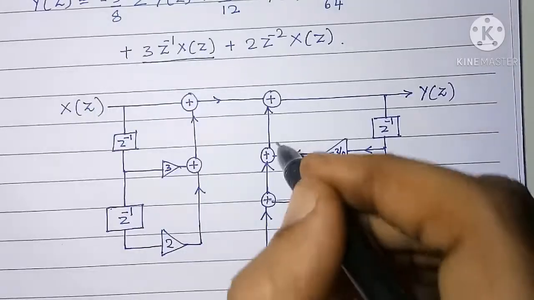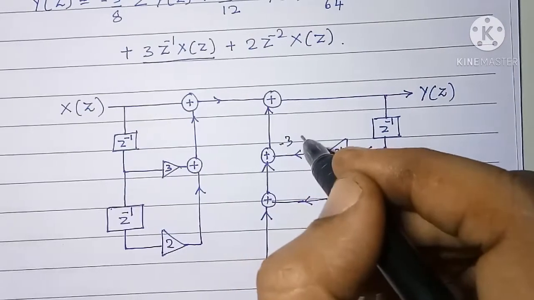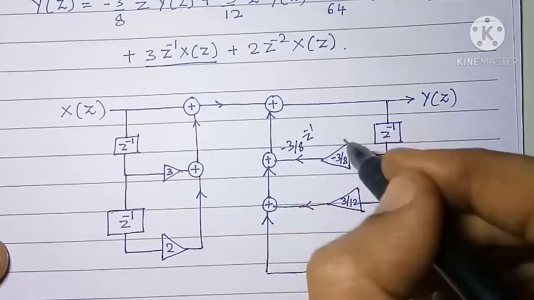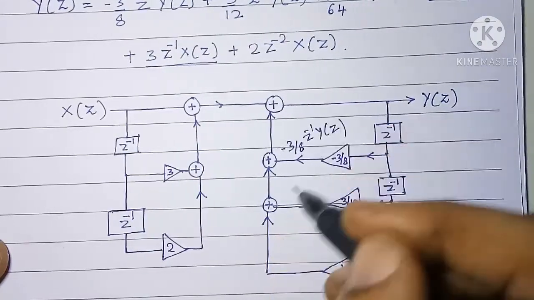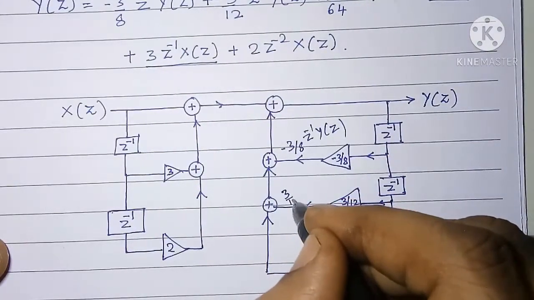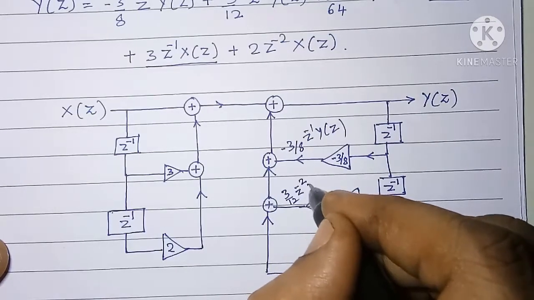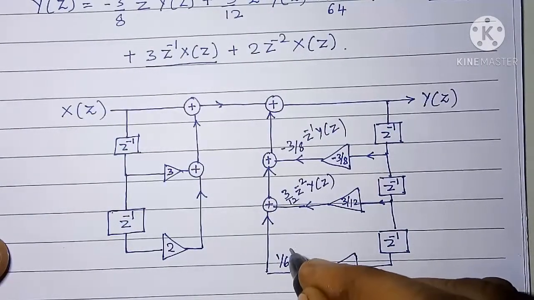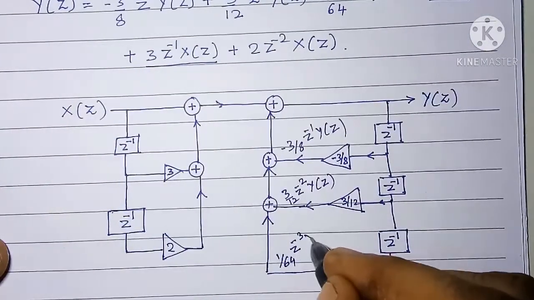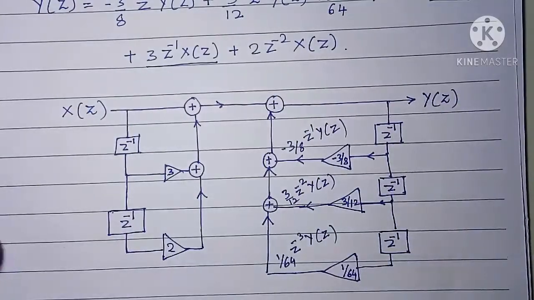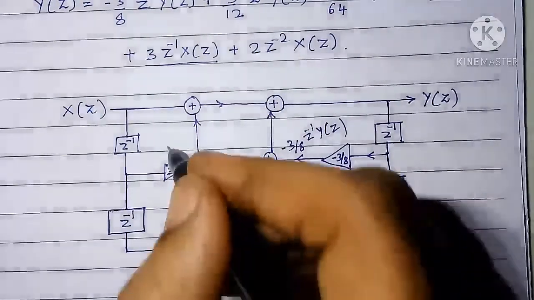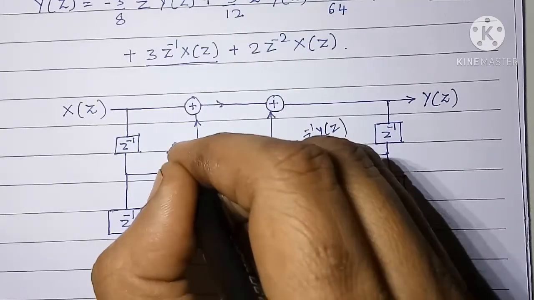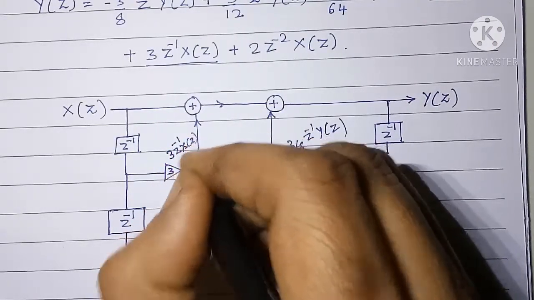So output here is minus 3 by 8 z raised to minus 1 y of z plus 3 by 12 z raised to minus 2 y of z plus 1 by 64 z raised to minus 3 y of z, and here output is 3 into z raised to minus 1 into x of z.